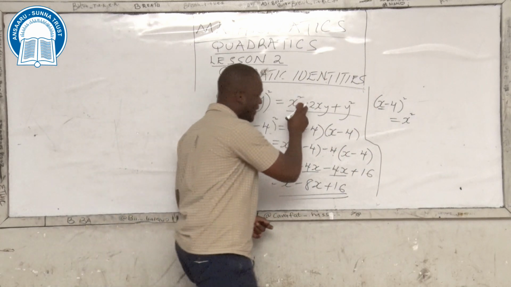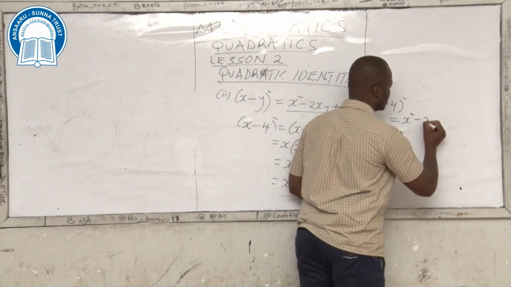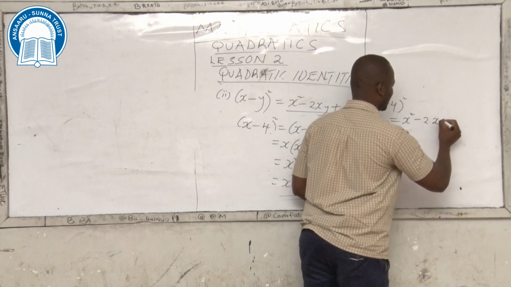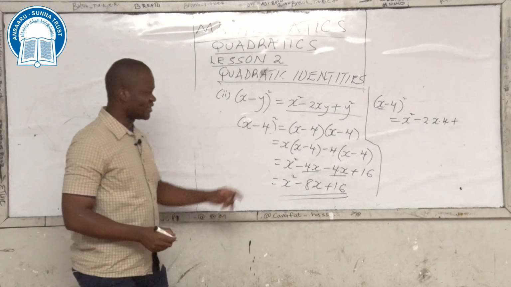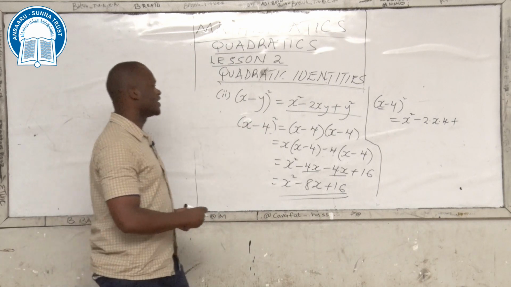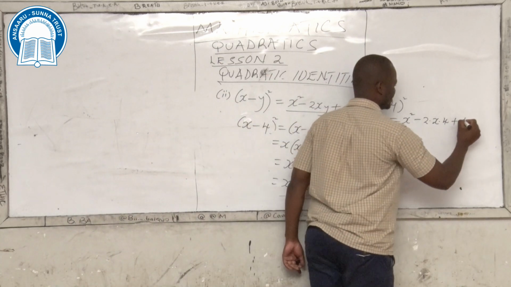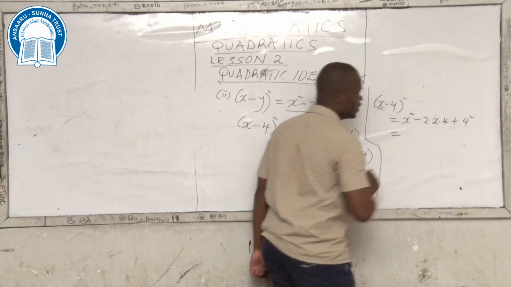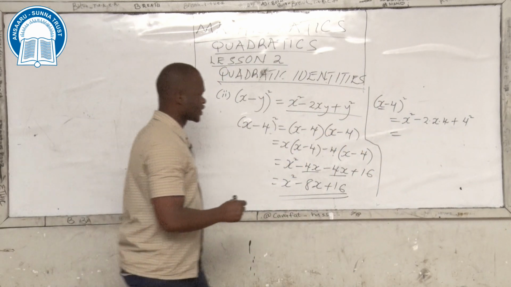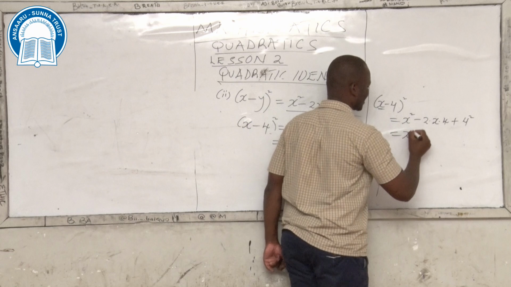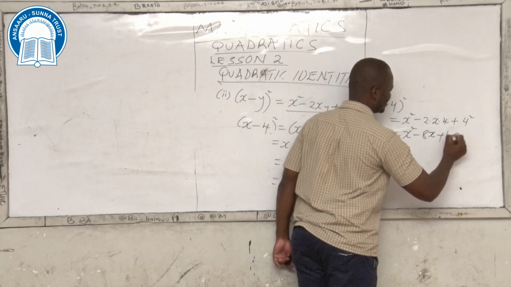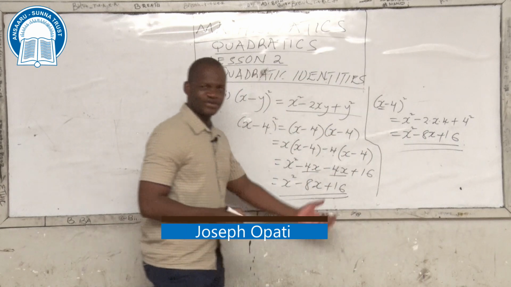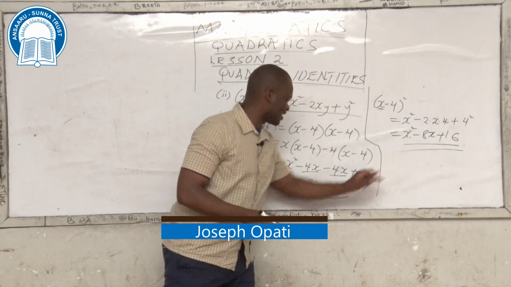Then we have a minus 2 times those terms in the bracket, that is x and 4. Then plus the square of 4. So you end up with x squared minus 8x plus 16, virtually the same outcome.